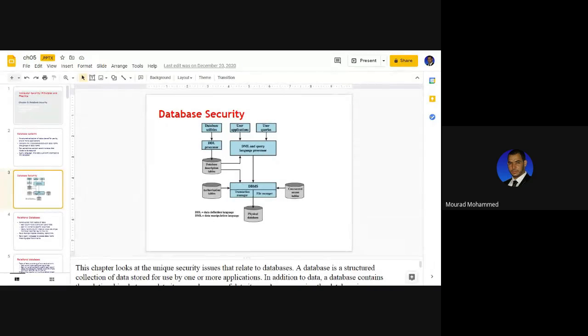What we see in front of us is a graph in which the database sits behind all the layers where the application processes run. Here we see other layers, but in all cases there's a chance to directly interrogate a database.